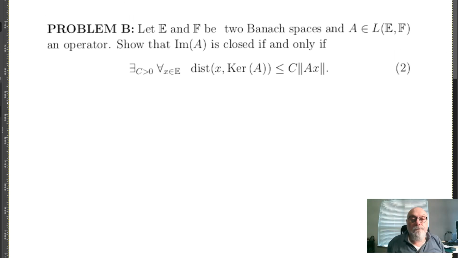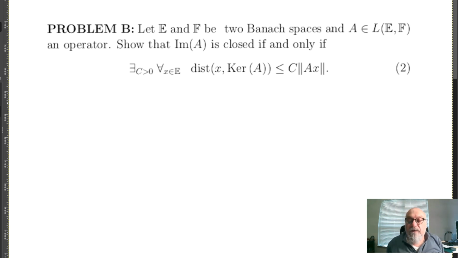Okay, and this is problem B that we will be doing in this segment of lecture 1. As before, we are dealing here with two Banach spaces, E and F, and this time a bounded operator, just a bounded operator, and we need to show that the image of A is closed if and only if the following inequality, which we denote by number 2, is satisfied.